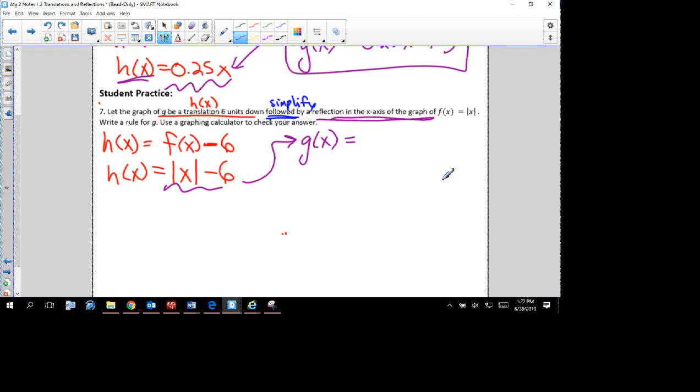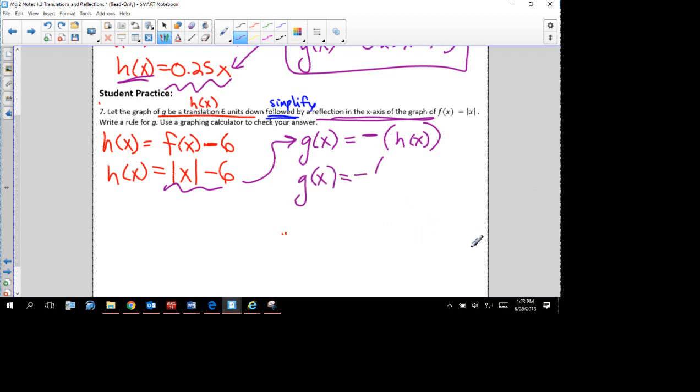So this is where you might need to kinesthetically figure out what I'm talking about here. If we reflect in the x-axis, then you pull out your x-axis, and you take something, and you reflect it over the x-axis. What direction am I reflecting? Horizontally or vertically? Vertically, right? Saying the x-axis makes you think horizontal, but when I reflect, it's a vertical reflection. So this is vertical. That means on the outside of the previous function. So our previous function is absolute value of x minus 6.